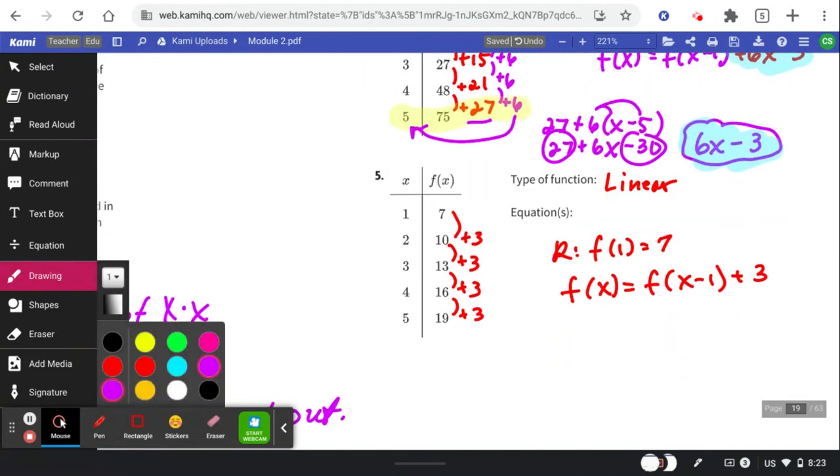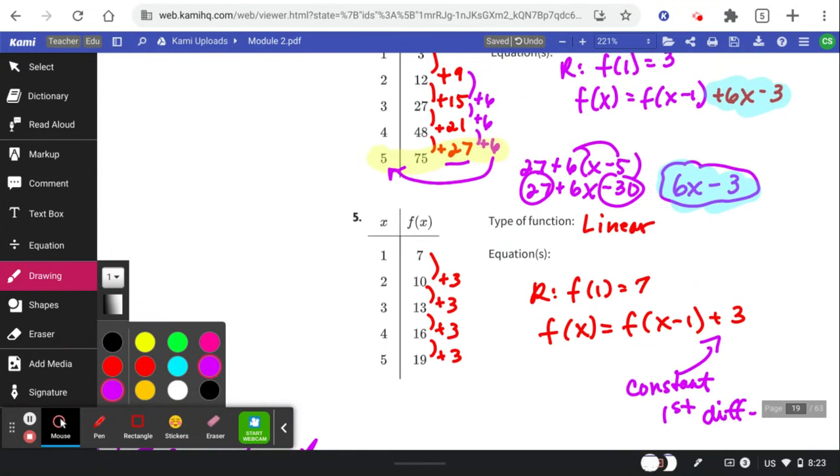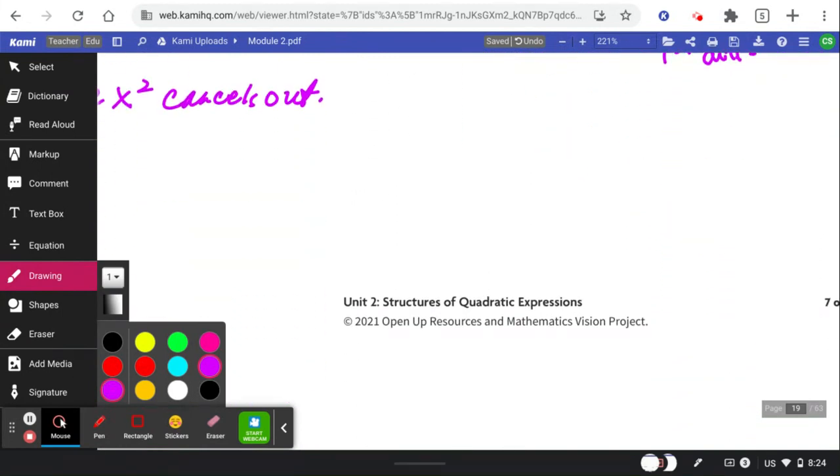So linears have a constant first difference, and quadratics have a linear first difference, in case you were wondering.